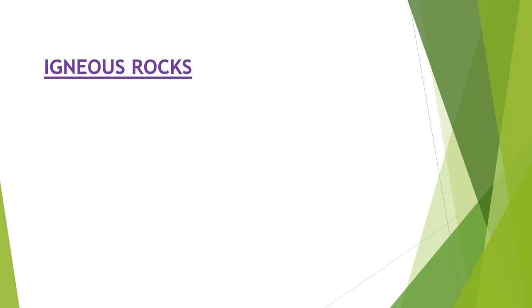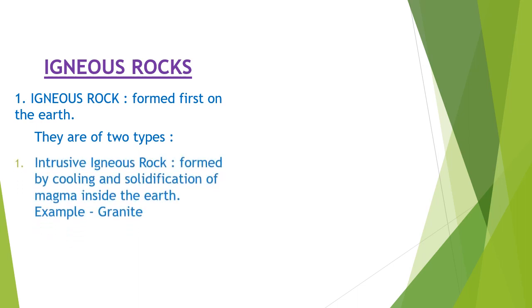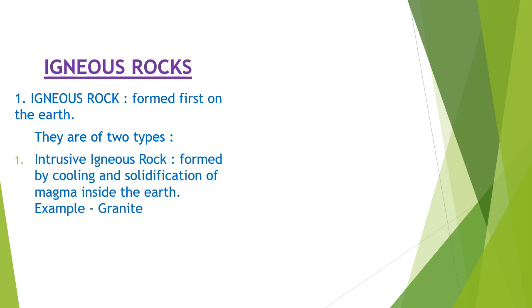As I already said, igneous rocks are called primary rocks because they formed first on the earth. Igneous rocks are of two types. Intrusive igneous rocks are formed by cooling and solidification of magma inside the earth.